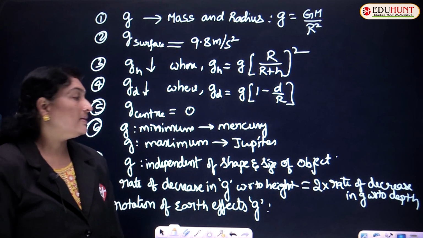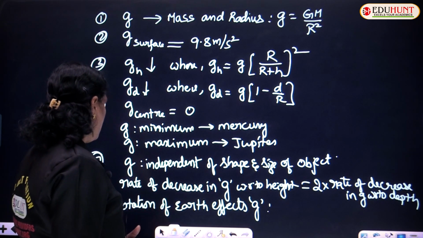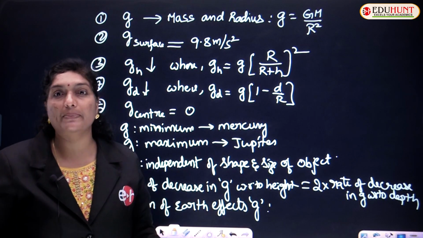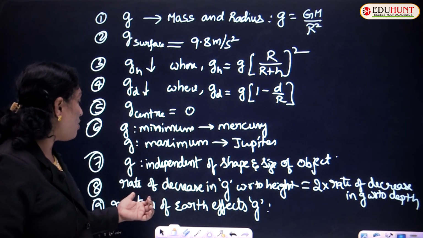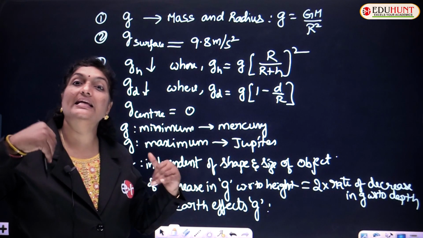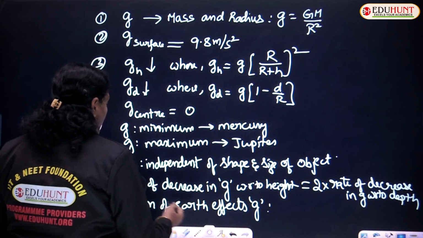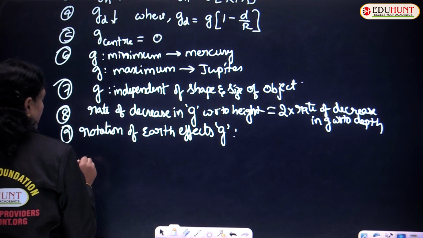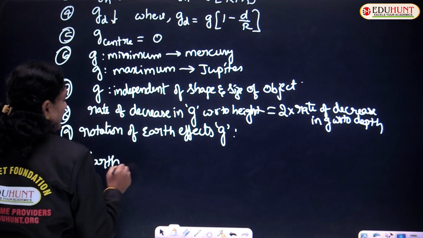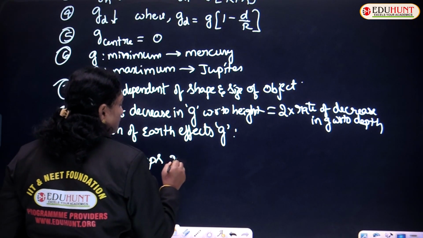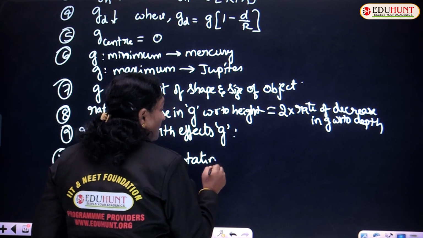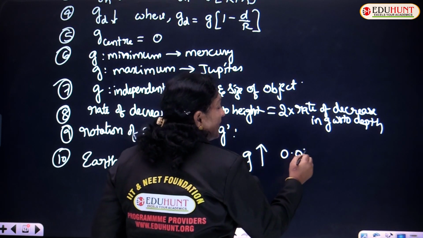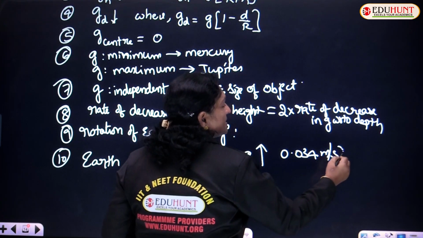Let us suppose that the Earth stops rotating. What happens if the Earth stops rotating? The value of acceleration due to gravity increases. Whenever the Earth stops rotating, the value of g increases by 0.034 meter per second square.